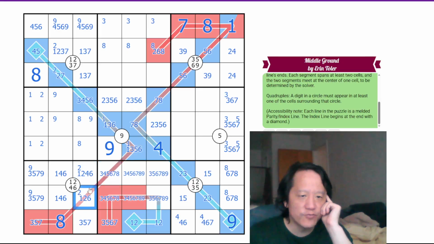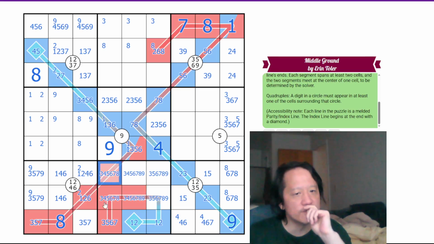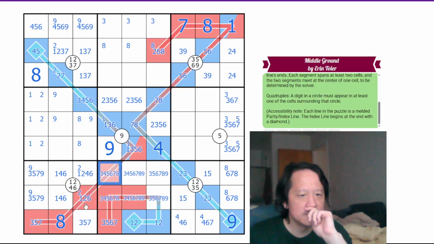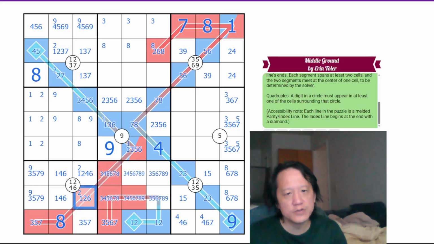So what happens if we have parity up to there? This is even. We have odd here. So that would be 1, which would make that 5. This would be 2. This would have to be 2. This would be 3, 4, or 5. 1 would have to be here.